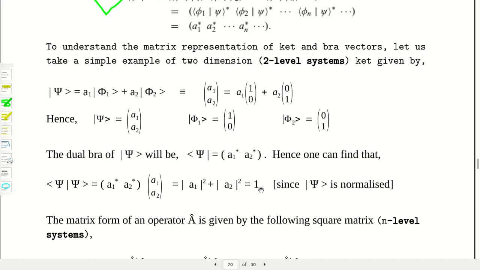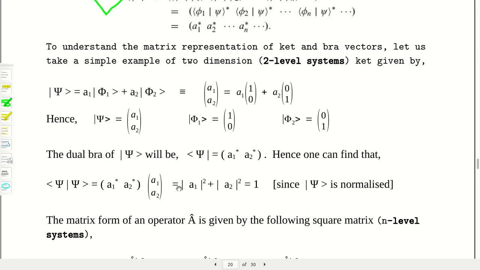Now these are positive quantities and the sum should be 1 if the wave function psi is normalized. I am not calling it eigenket, I would like to call it at this point of time just ket. So if the ket is normalized to unity, then the result will be 1. So mod a1 square and mod a2 square will be the individual probabilities of the basis states phi 1 and phi 2.